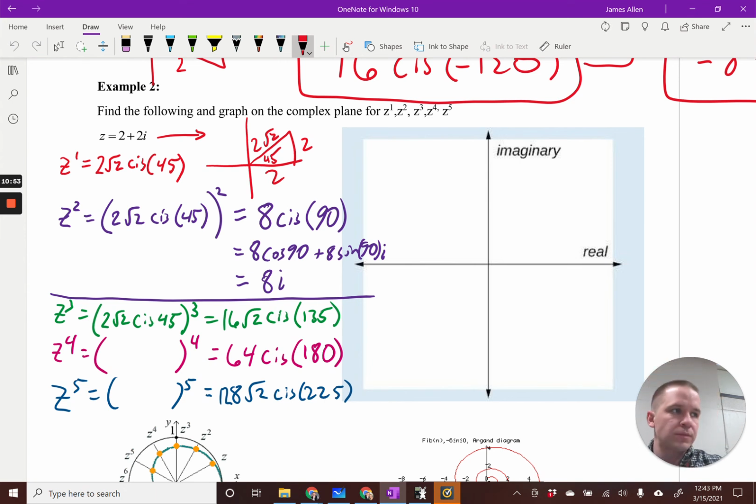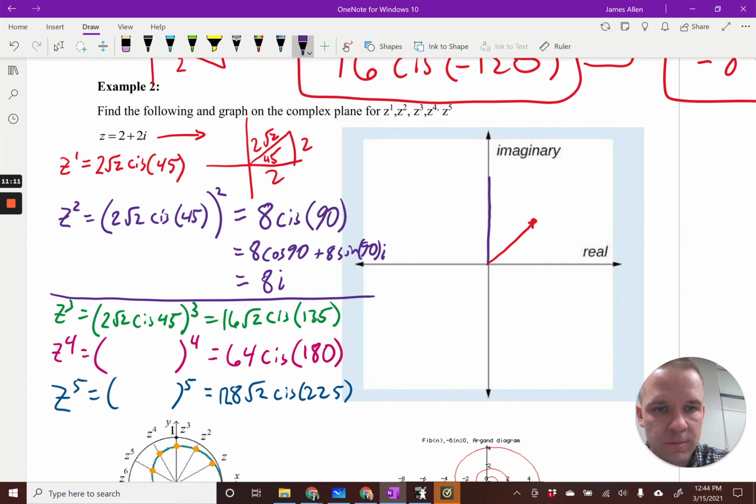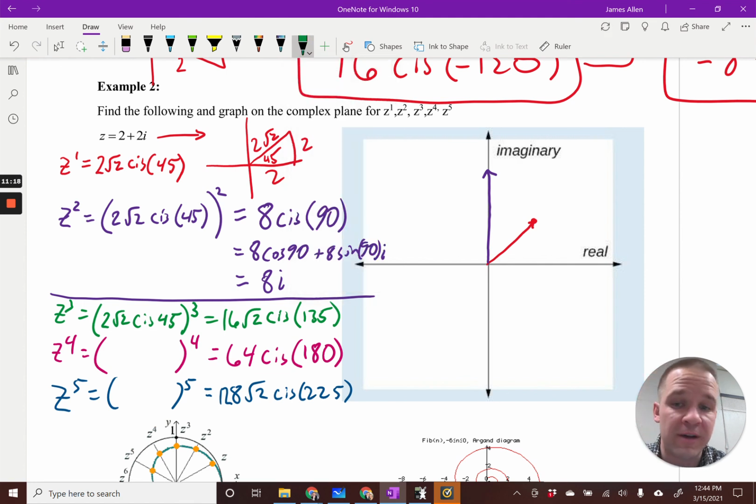So for the first one, z to the first, I'm going to go ahead and graph it. That would be z to the first. Now, z squared is 8i, so that's just straight up on the imaginary axis. And then z to the third is at a 135-degree angle with a radius of 16 root 2.